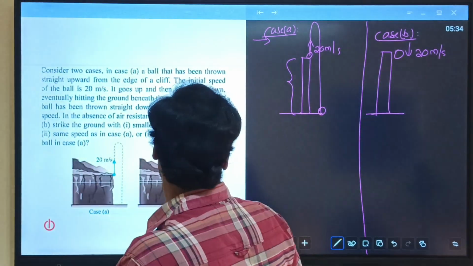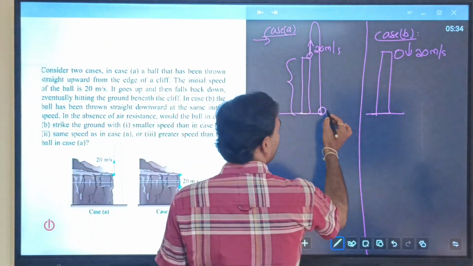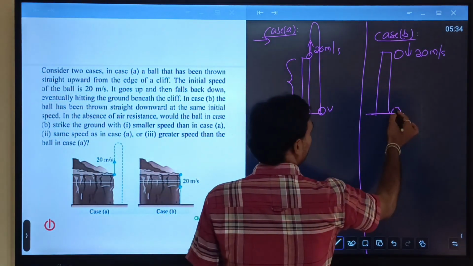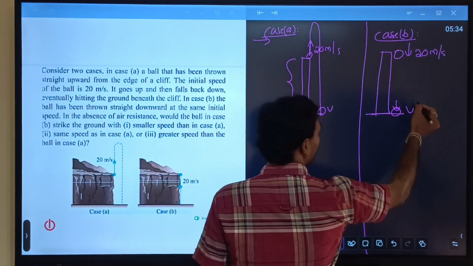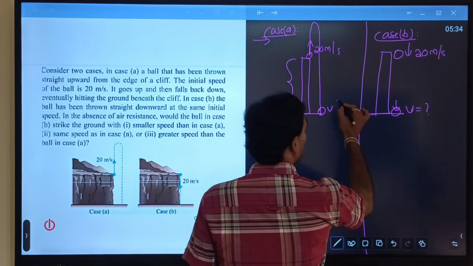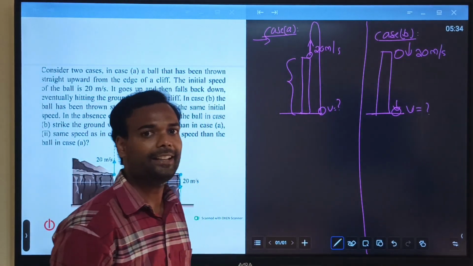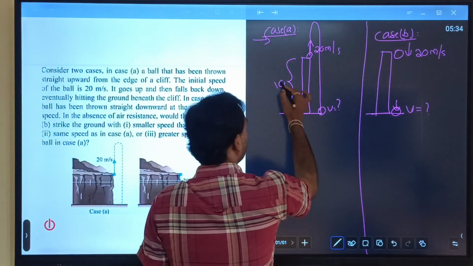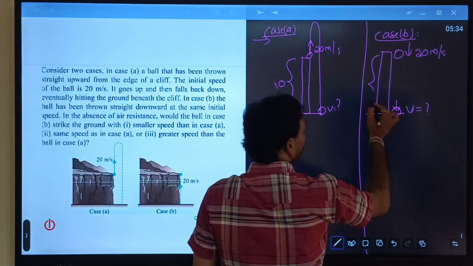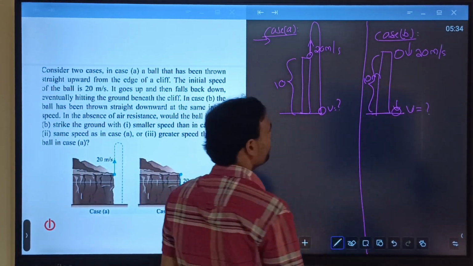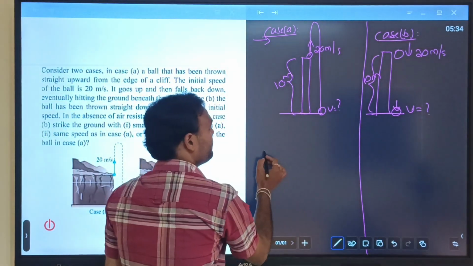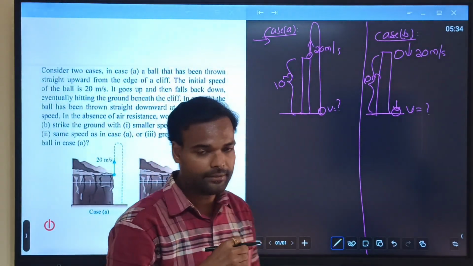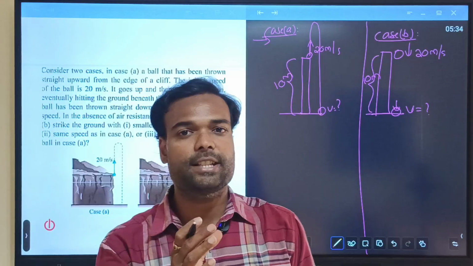Chalo, let us first find what would be the velocity when this object is hitting the ground. What will be the velocity when it is hitting the ground? The cliff height is not given. Let us assume it is 10 meters. Right, here in this question, you have to analyze one situation.